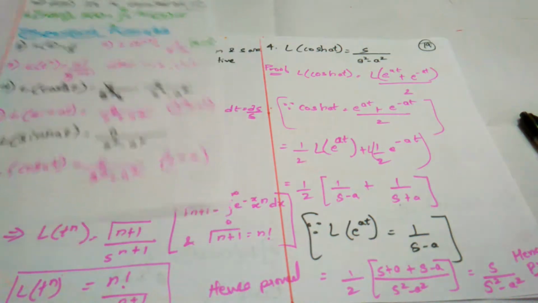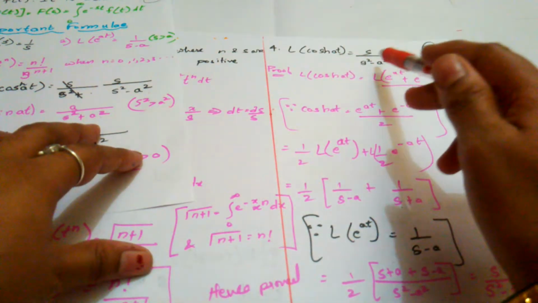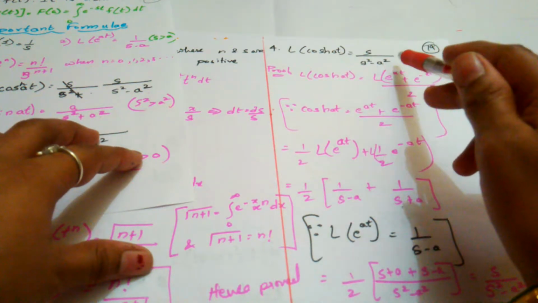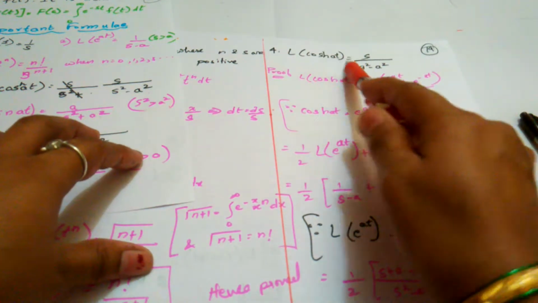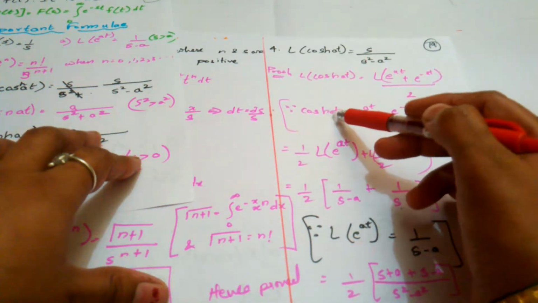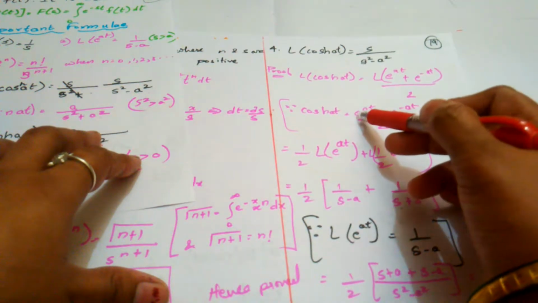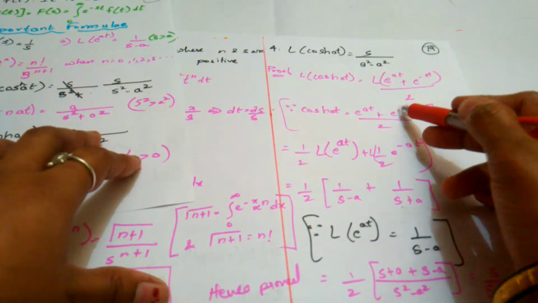My fourth proof says that L of cosh of at is equal to s upon s square minus a square. Here we are going to use the formula of cosh at, which is just the cosh theta formula: cosh theta is equal to e to the theta plus e raised to minus theta upon 2.